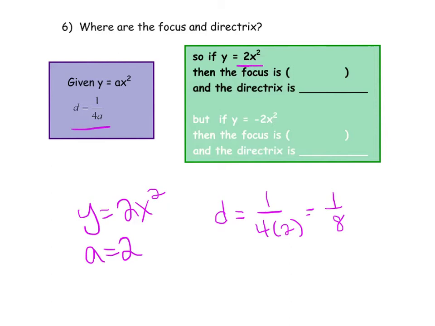Now, since it's a parabola that's opening up, your directrix would be perpendicular to the axis of symmetry. So here's my axis of symmetry. And it's going to be 1/8 of a unit away, but it's going to be on the outside. So it would look like this. And your focus point is going to be 1/8 away from the vertex inside the parabola, and it's going to be on the axis of symmetry.